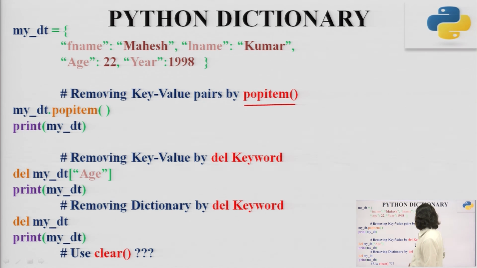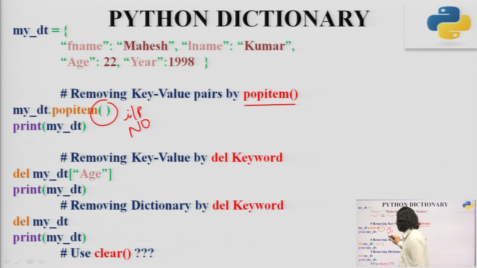You can see this popitem does not take any input, directly there is no input. That means, it will directly remove the last element of myDT. So, in myDT the last element will be the year 1998.